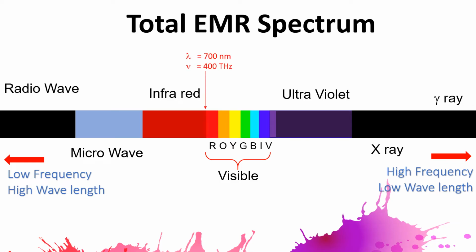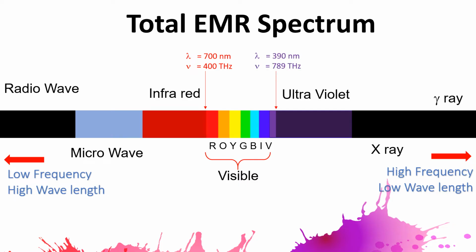And the margin part you should know when you study electromagnetic radiation. For example, I will take the wavelength of 700 nanometer and frequency of 400 terahertz. That kind of part we call red color, but below that frequency we call infrared, and a wavelength higher than 700 nanometer we call infrared.